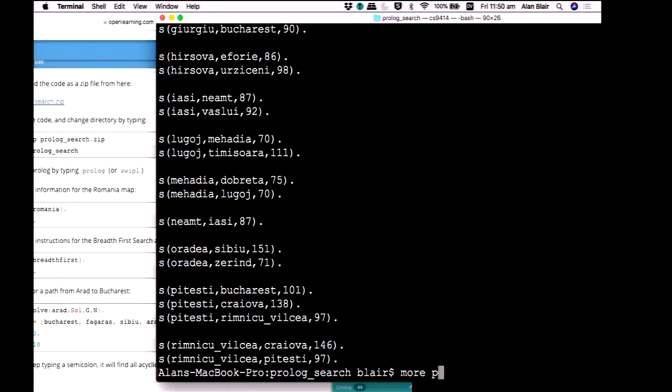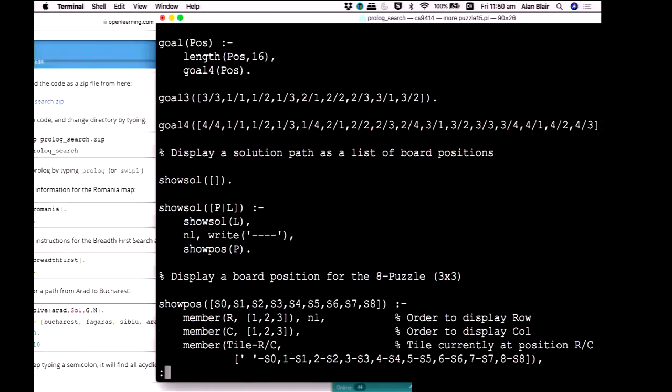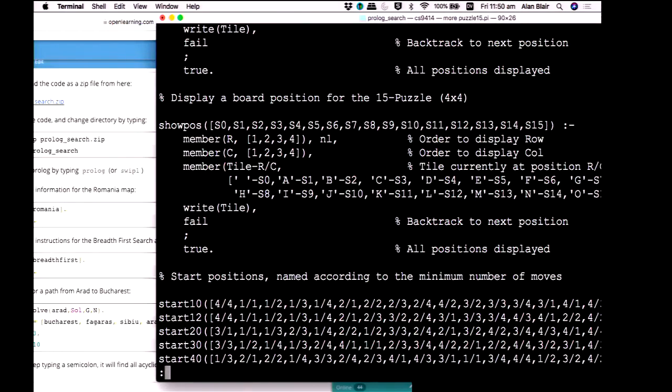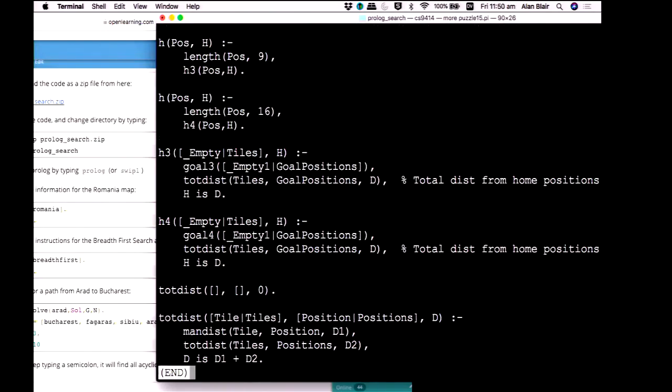Then we've got stuff like puzzle 15. This is like the 8 puzzle or the 15 puzzle, and it tells you the start state and the transitions, but not just listing them explicitly, but rules to generate what position can be got from another position.